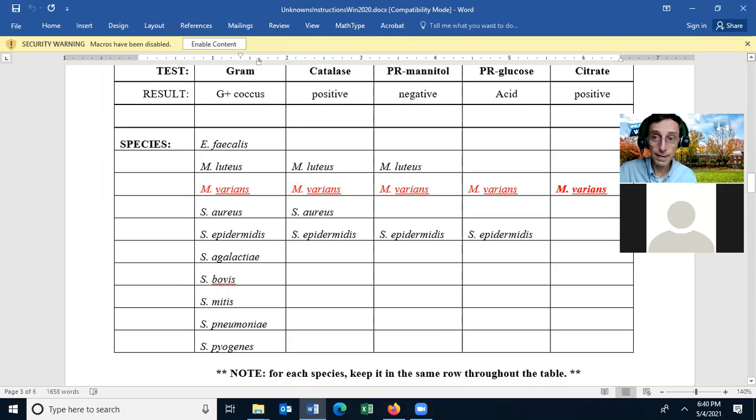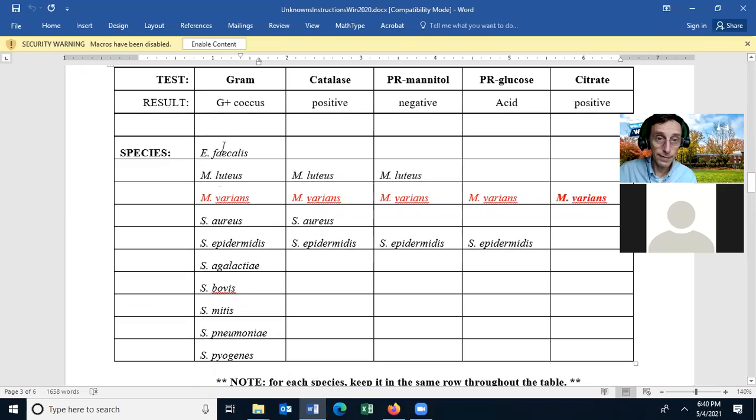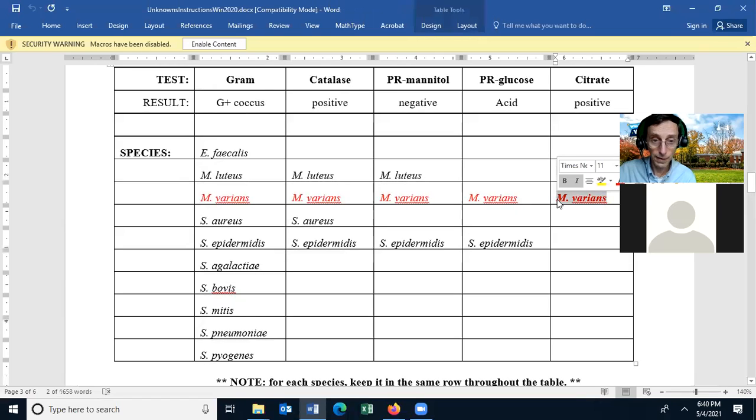And then you run the catalase test, and it narrows down these species to these 4, which are catalase positive, and then you do the PR mannitol, and it throws out Staphylococcus aureus, but you still have these 3. Then you do PR glucose, and you have these 2 in the running, and then you do citrate, and only Micrococcus varians is now under consideration.